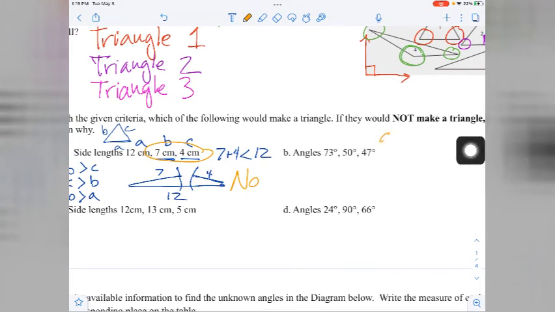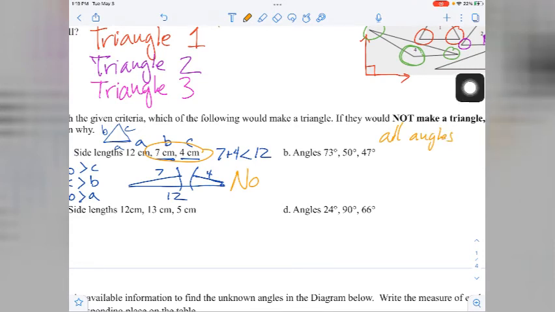Our rule about angles is that all angles for triangles must total 180 degrees. Not more, not less, it has to be exactly. Let's write that in there. Exactly 180 degrees.